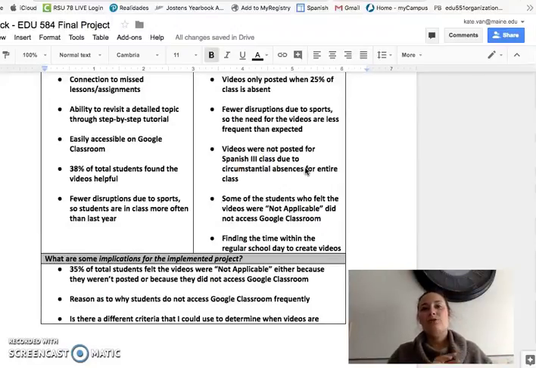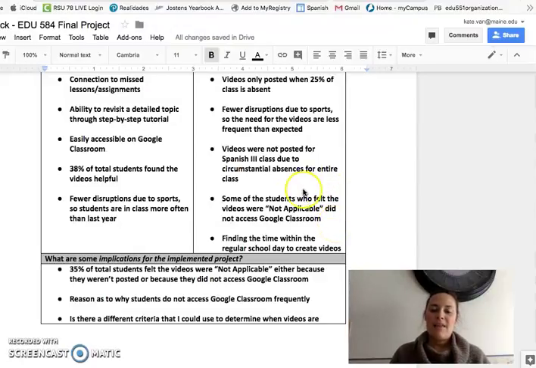So without skewing the data completely, obviously it is skewed a little bit because Spanish 3 didn't have any videos. But I feel like the type of video that I posted for Spanish 1, 2, and 4 would have been drastically different from the type of video that I posted for Spanish 3. So that's, again, a little bit of a challenge and struggle for myself.